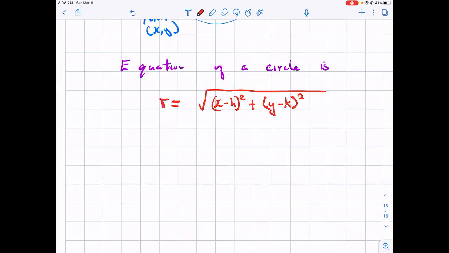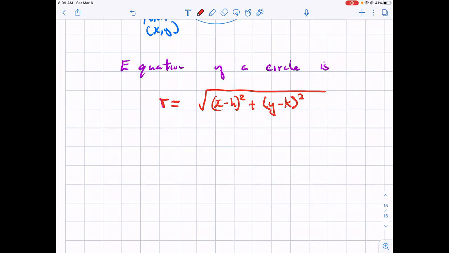So by squaring each side of this equation, we also have the equation of a circle if centered at 0. So that's the equation of a circle in general.